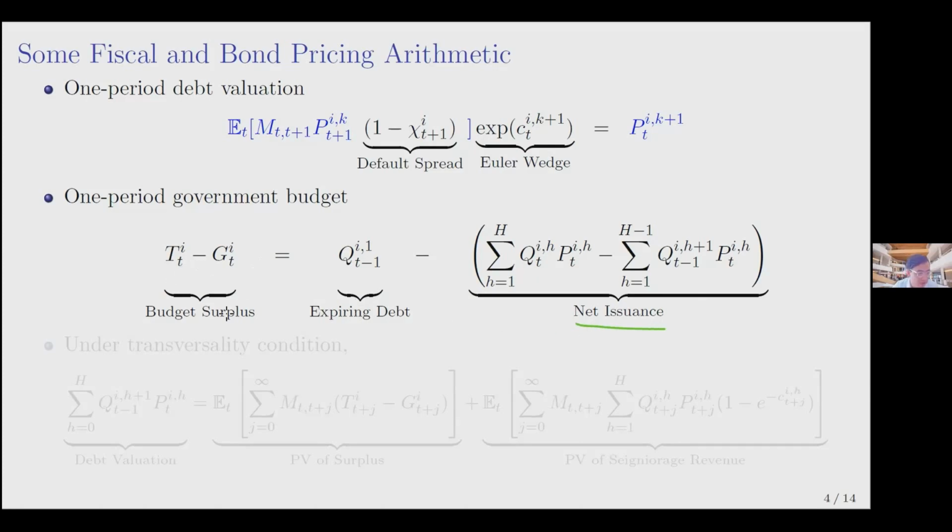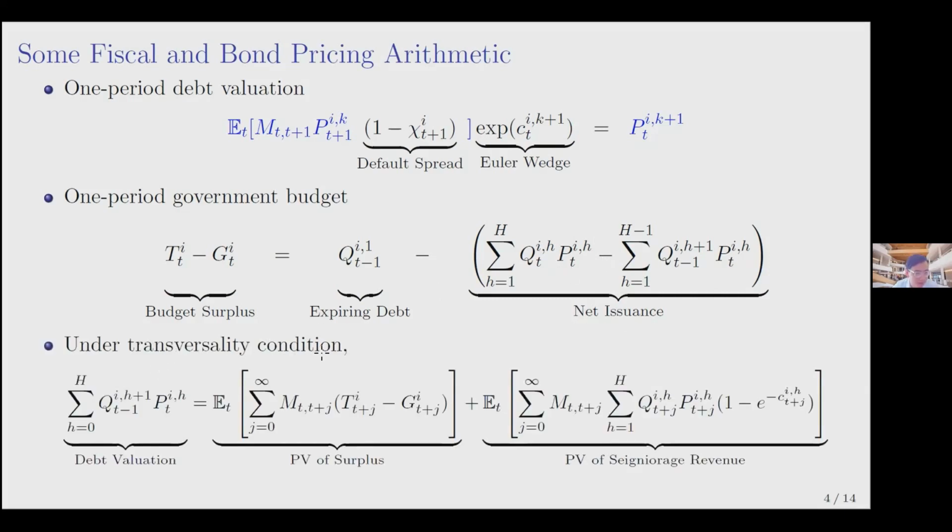On the other hand, if the budget surplus is negative, in which case it becomes a deficit, then the government needs to issue additional debt to fund the current budget deficit. We can combine these two equations by plugging in the determination of bond prices, and under a transversality condition that rules out Ponzi scheme, we have the following formula for the joint determination of surplus and bond price.